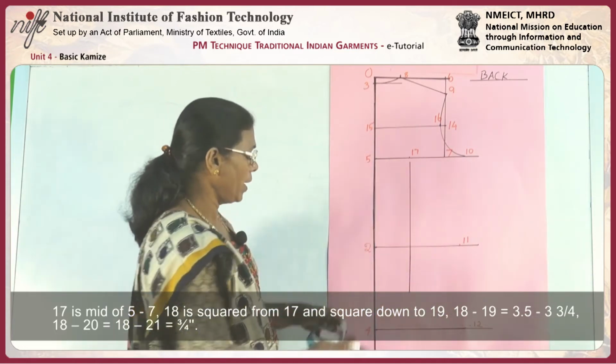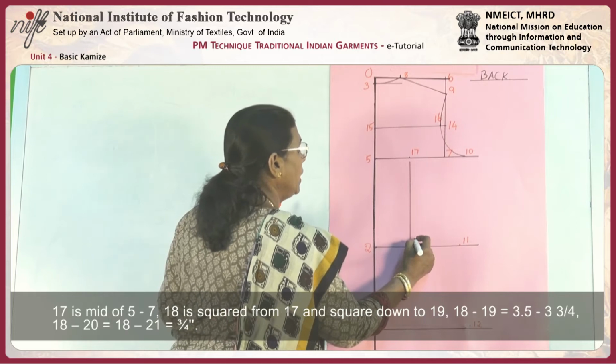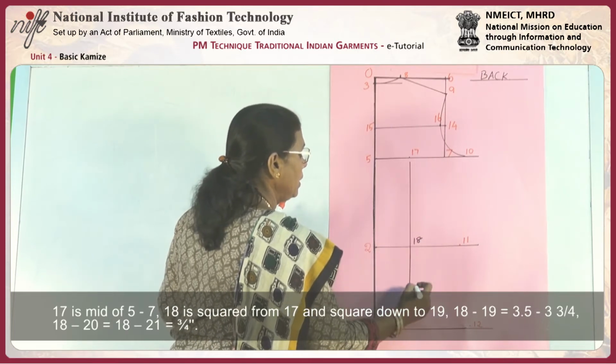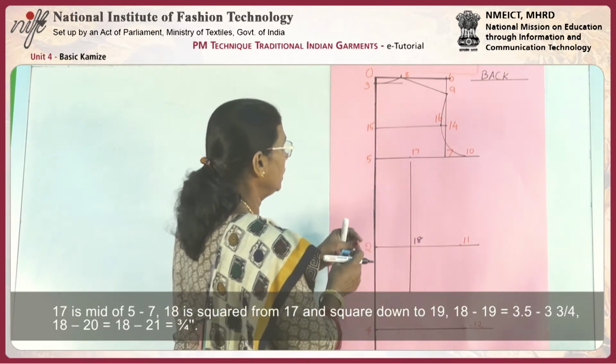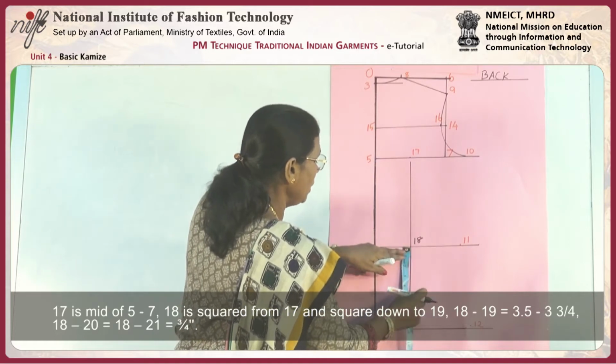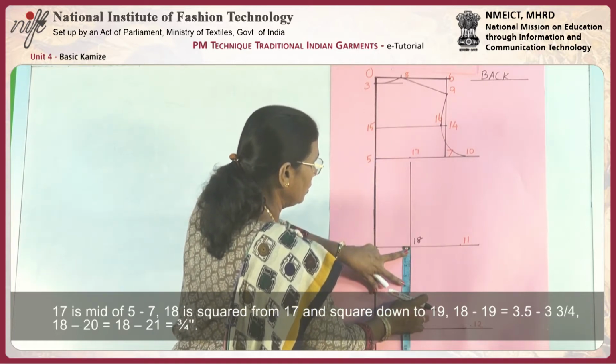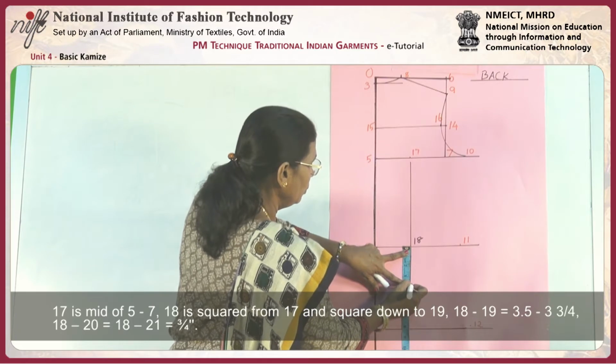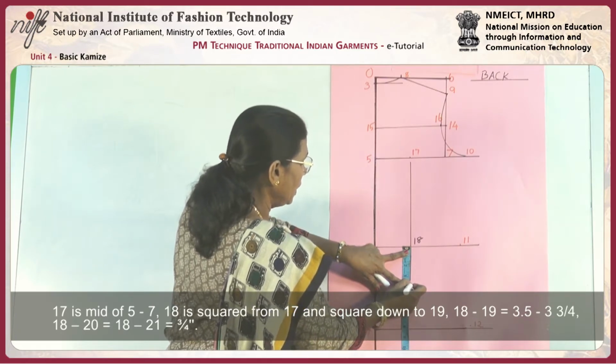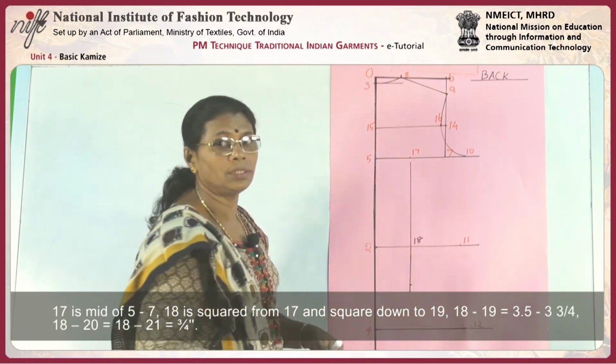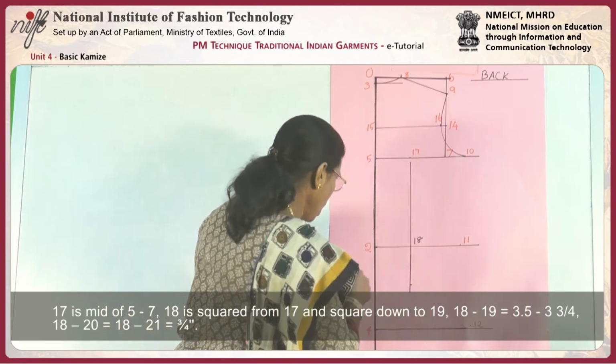The 17 is squared down to 18, 19. 18 to 19 can be 3.5 to 3/4 inches. Mark 19.